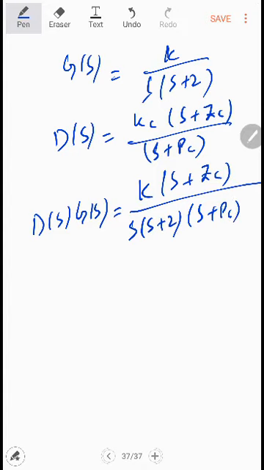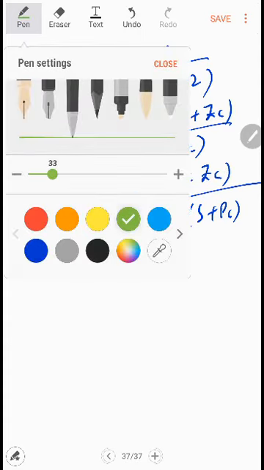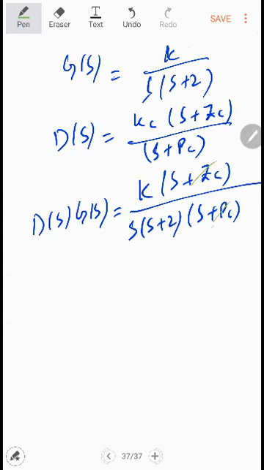You see that if ZC and PC are close enough to each other, then you can cancel these two in the numerator and denominator. Anyhow, we add this one, so this will have an effect on the gain of the system.